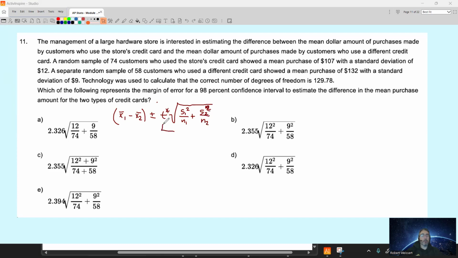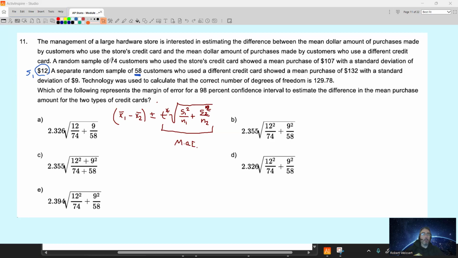So obviously this number right here is what we're looking at. That's going to be your margin of error, and that's really what we're focused on. So let's first talk about the structure of how everything's set up.